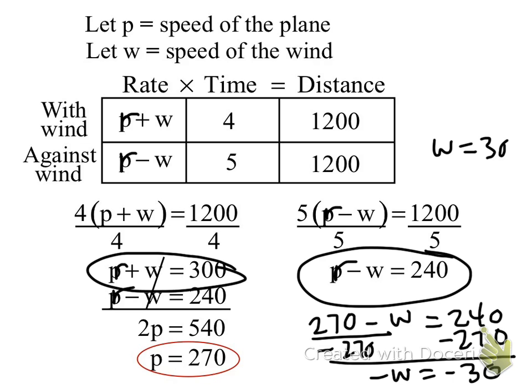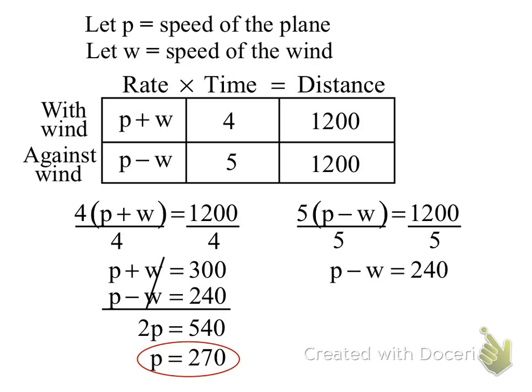And so when I get that R was 270, that's the speed of the airplane, with or without wind. Does that make sense? All right, I don't think we're going to have time for another problem, so that's the end of the lesson.